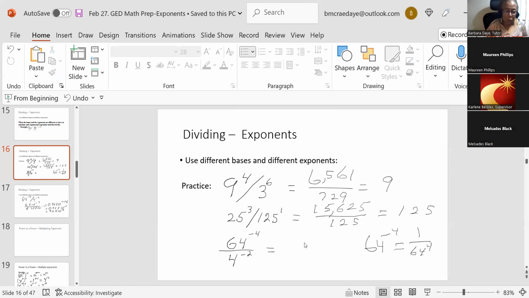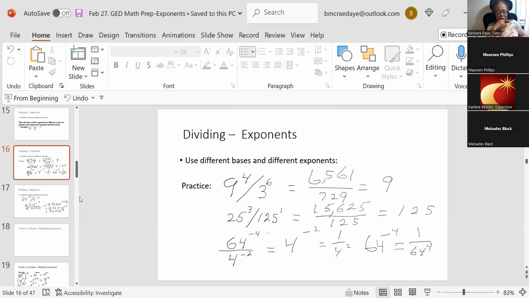Okay, so 4 to the minus 2, let me just write that here. 4 to the minus 2 equals 1 over 4 to the positive 2. In other words, 1 over 16.